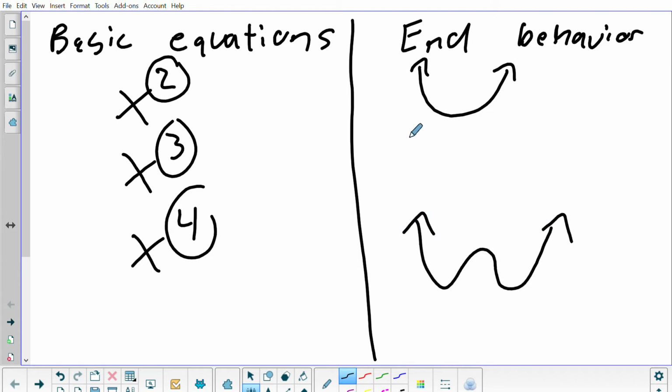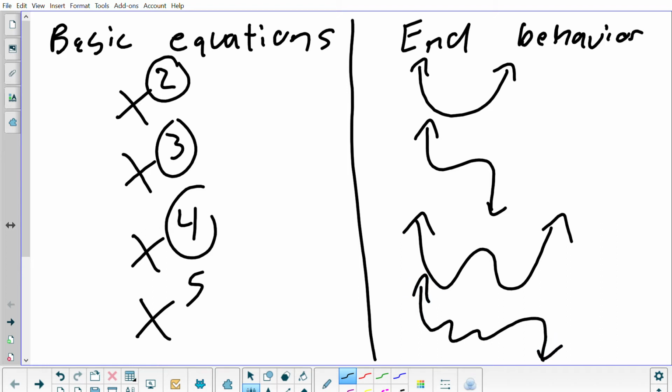If they are odd, our arrows are going to go in opposite directions. So x to the fifth, even though that's not one of our basic ones, we know that some kind of squiggle happens and then the arrows go in opposite directions. The same is true with x to the first power. It's just a linear line, but the arrows go in opposite directions.